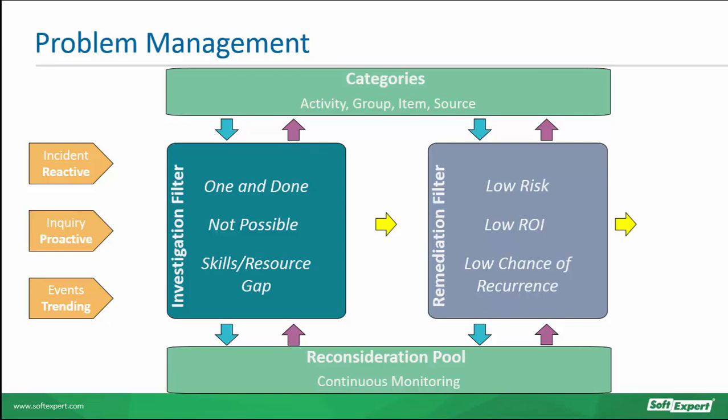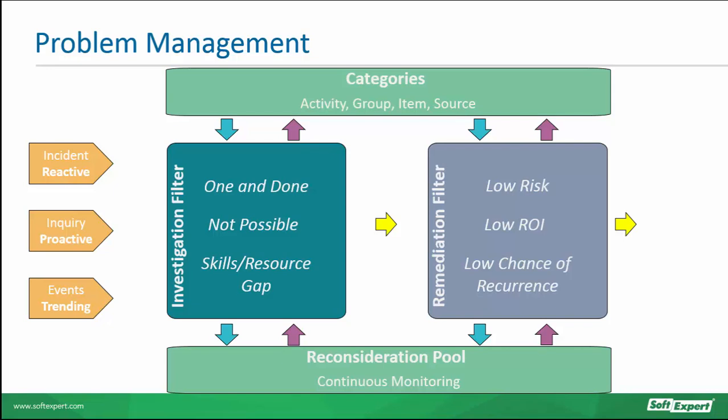Now, once you finish identifying your problem, you will then go into the remediation filter, which is where you'll decide if you want to take any action, because maybe it's a low risk, okay? Or maybe the ROI is too low. Or maybe there's just a low chance of reoccurrence.